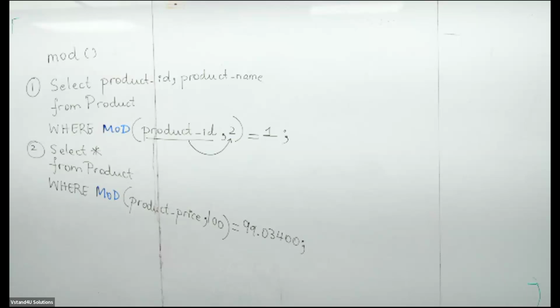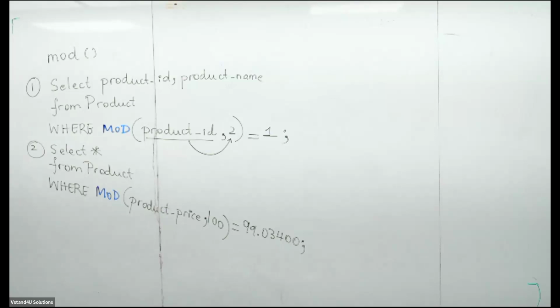Take down the next query. Write a query to display the remainder when 1, 2, 3 is divided by 2.